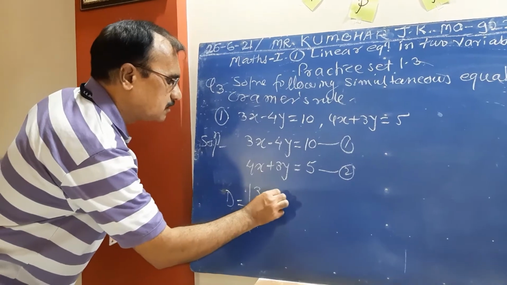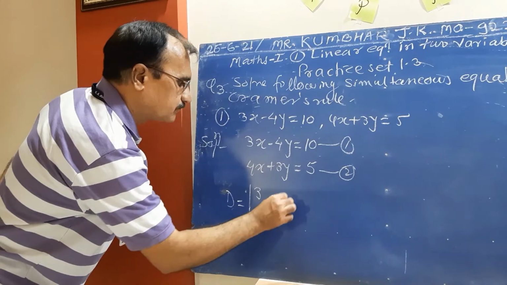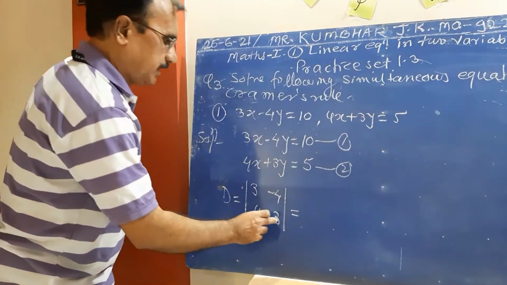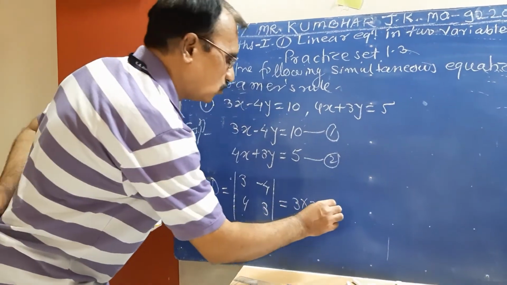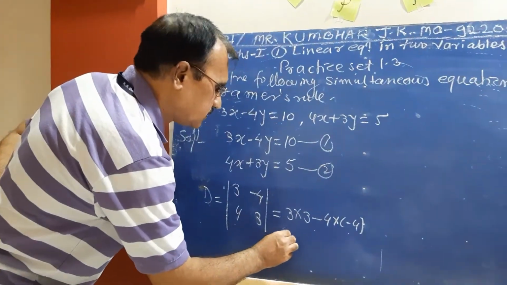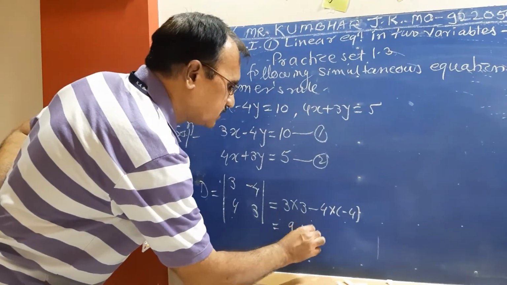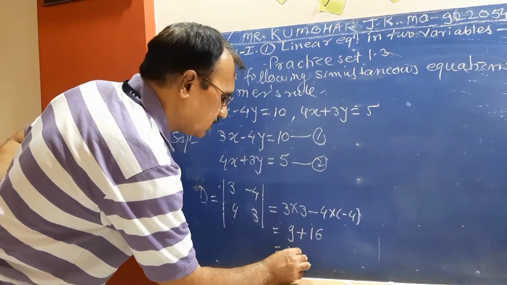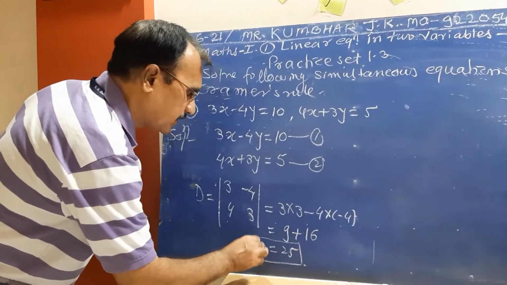That means 3, minus 4, 4 and 3. 3 into 3 minus 4 into minus 4. 3 threes are 9, minus becomes plus 16, and 9 plus 16 is 25, the value of the first determinant.